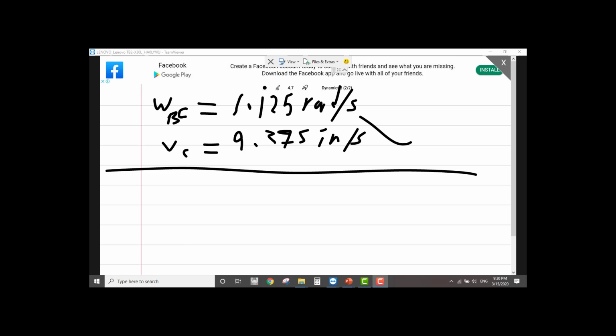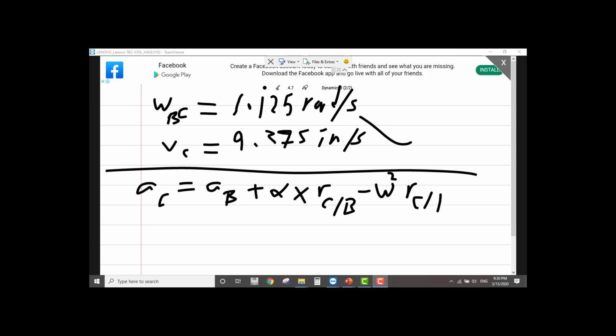Now let's move to the acceleration equation. So the acceleration equation: AC equals AB plus the tangential component, which is alpha BC cross product R C with respect to B, minus omega BC squared times R C with respect to B. AC again, we'll write it in both components, as we did earlier with the velocity.